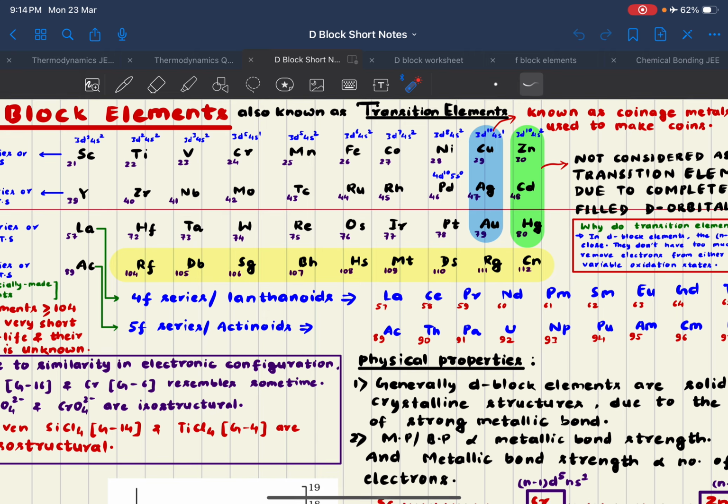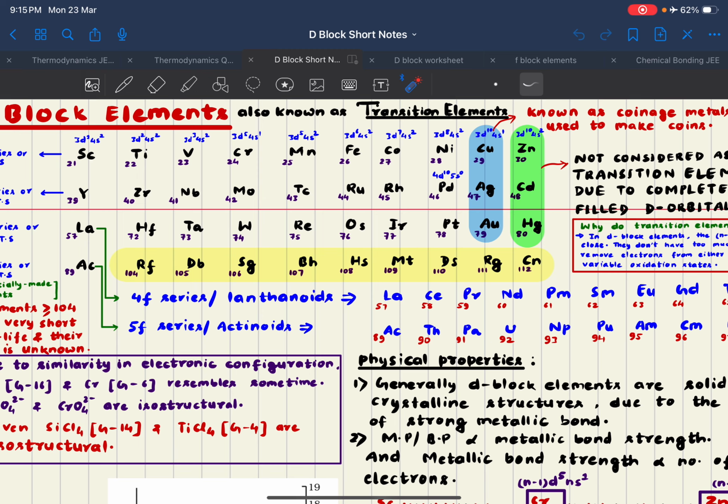Now the question: why are they called transition elements? They are called transition elements because if you see the periodic table, in the first and second groups we have alkali metals and alkaline earth metals, which are highly electropositive in nature. And in the P block elements, from group 13 to 18, we have non-metals also.